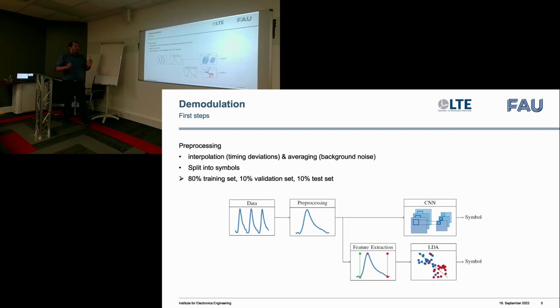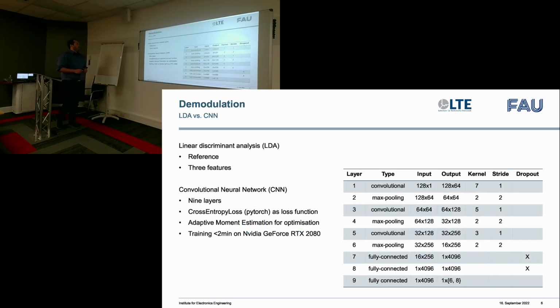Then we split this whole section into individual symbols, and for the sake of proving our demodulation approach, we randomly shuffled these symbols into a large training set, a validation set, and a test set. We then investigated what our detection accuracy is, both with a more conventional machine learning approach using a linear discriminant analysis and the newly developed convolutional neural network.